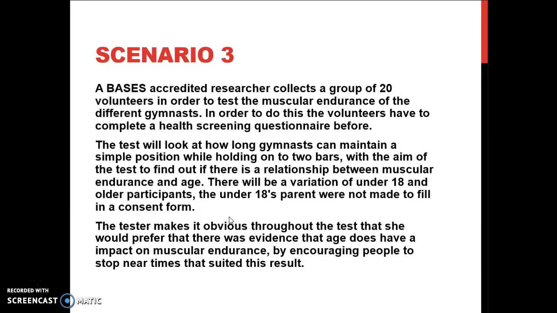This could lead to sackings or suspensions. And also, it's going to affect the final outcome of the test, as obviously it's not proper research. It's unethically gained, as she's tried to gain the results that she wants rather than the true and positive results that they should gain.